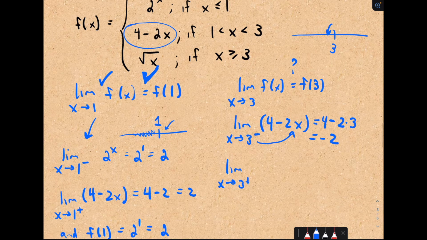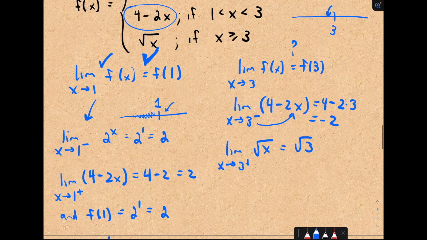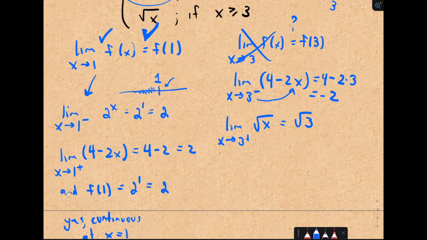And then if I plug in something a little bit larger than 3, now I'm using this domain, so I'm using this function, square root of x, but I can just plug that in and get square root of 3. And since the limit doesn't exist, it's not continuous.